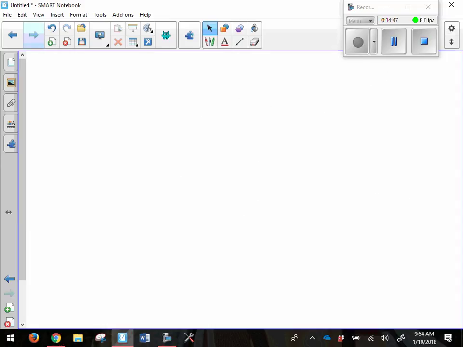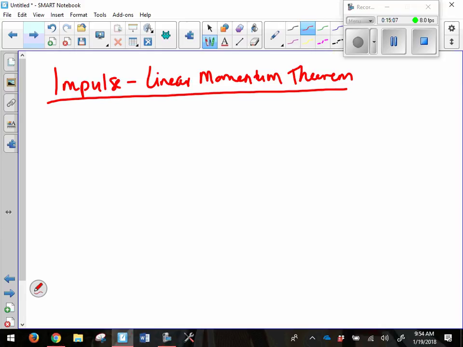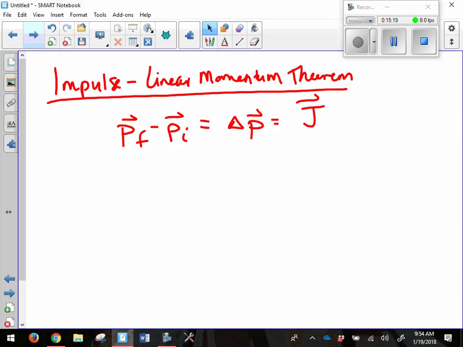All right, so of course we have kind of a, I wouldn't call it a pointless theorem, but we have the impulse linear momentum theorem, which says that P final minus P initial, which is equal to delta P, is equal to the impulse. Kind of an obvious statement based on what we just talked about.